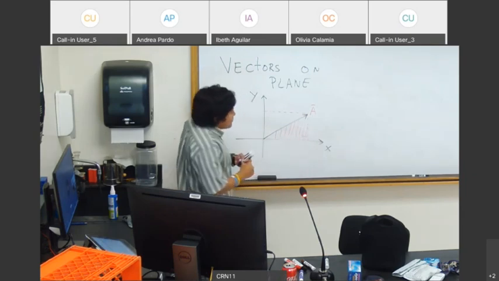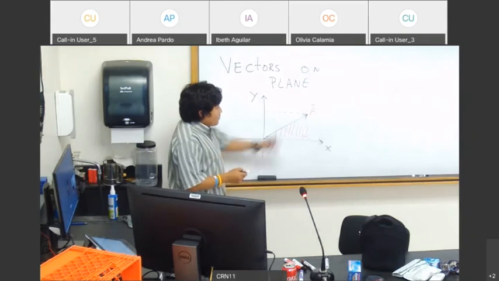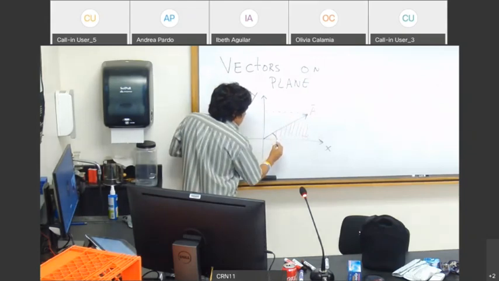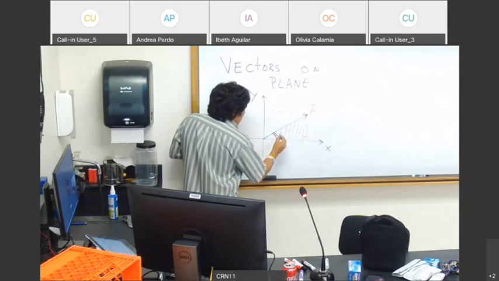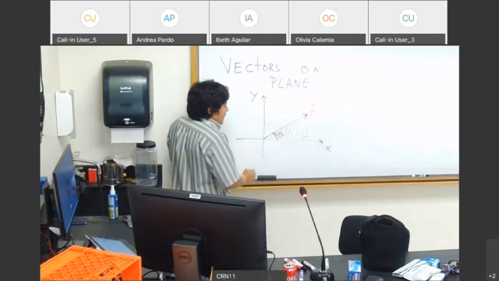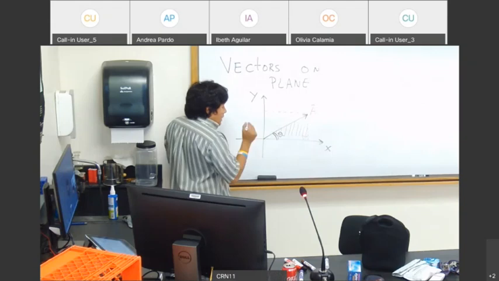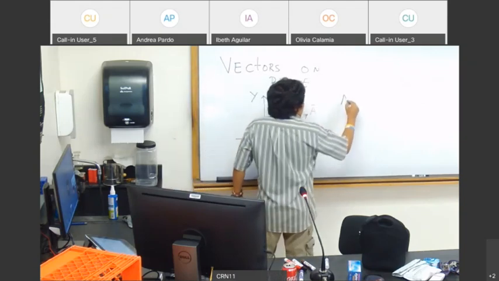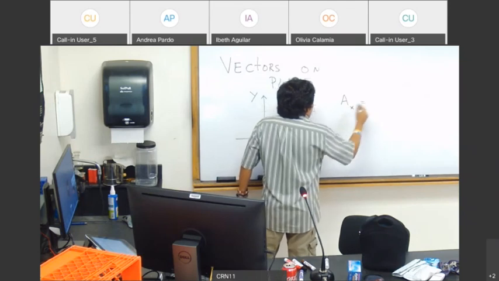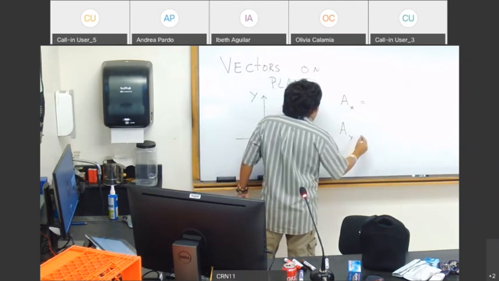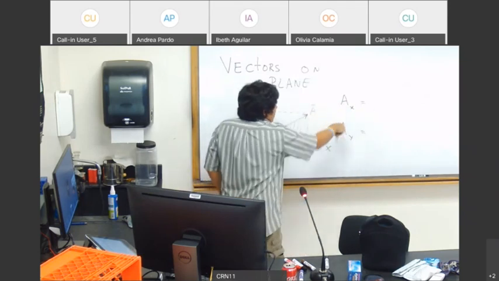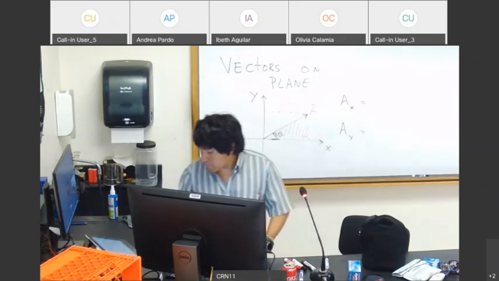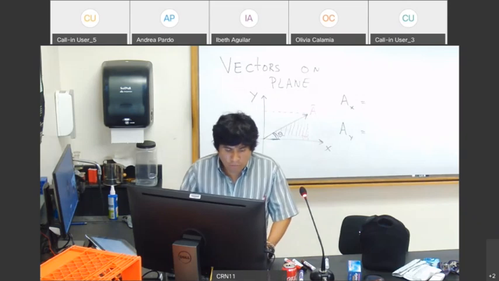The only piece of information that we need to break the vector into components is the angle. It's called angle theta here. That angle is the one that we're going to use to find AX and AY. These are the components of the vector on the x-axis and on the y-axis. Let me show you the following before we solve that.